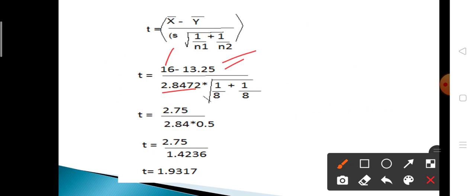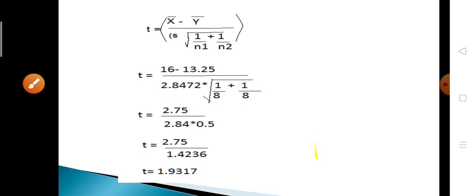So 16 minus 13.25, that is 2.75, divided by 2.8472 into the square root of 1 divided by 8 plus 1 divided by 8, and its square root value is 0.5. So 2.75 divided by 1.4236, this is the value of 2.84 into 0.5. So 2.75 divided by 1.4236 is 1.9317. So this is the value of the test statistic.